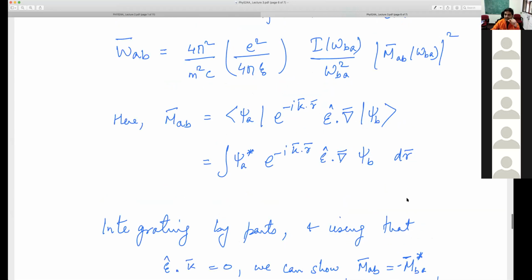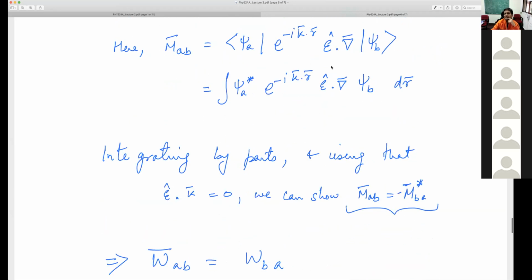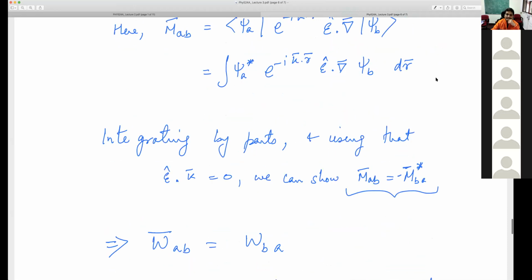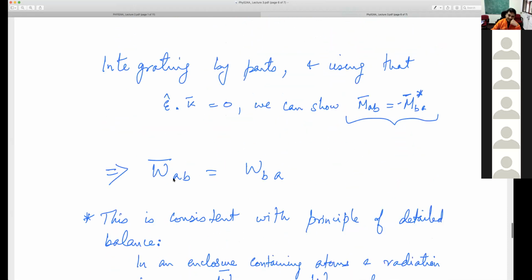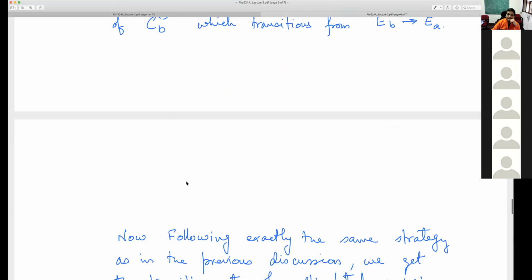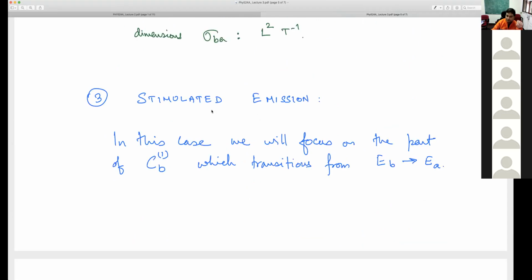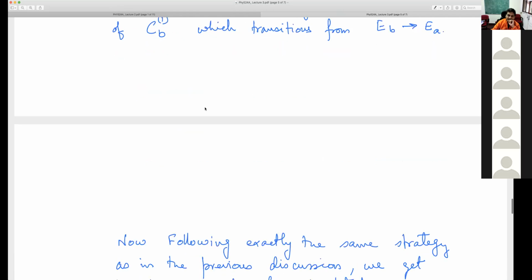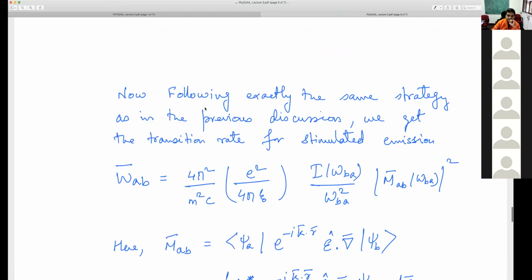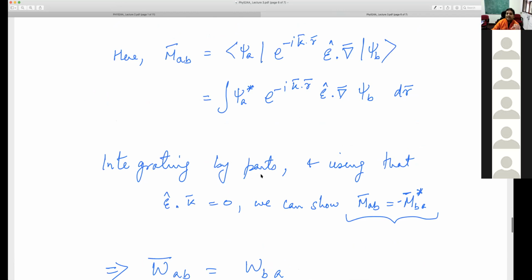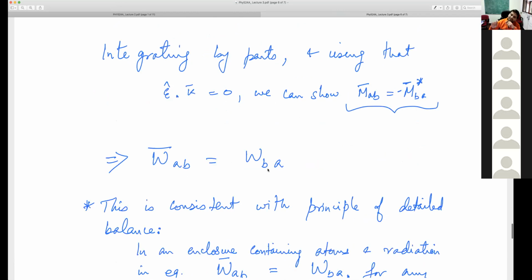And if these are equal, then the rest of the factors are absolutely equal, and that will immediately give you this fact that ω̄_AB, the rate of stimulated emission from B to A, is identical to W_BA, which is the rate of stimulated absorption from A to B.